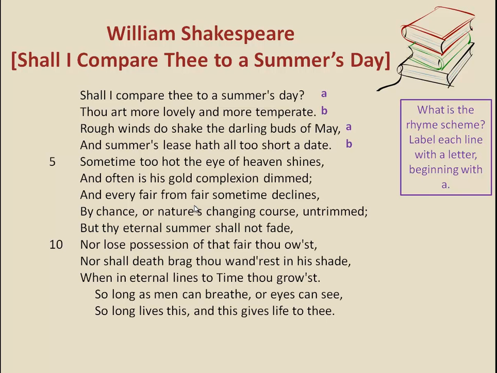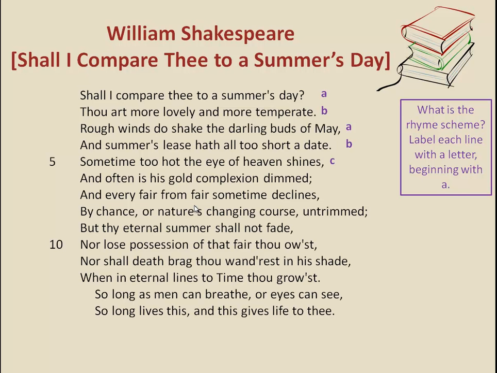Our next word, shines. Does it rhyme with any of the words that have come before it? Day, May, nope, it's not an A. Temperate or date, nope, doesn't rhyme with that. So we give it a new letter, a C. What about dimmed? Does dimmed rhyme with shines? Nope. Date? Nope.